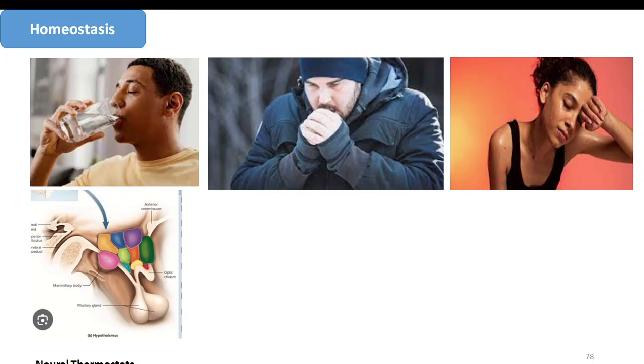To keep our internal world, that is the body, within the narrow limits of these physiological requirements like blood pressure, the pH levels, the water levels, the salt concentrations, the pressure, temperature, all these physiological components. We have this active control process to maintain the balance among the various vital requirements of the body. And the act of maintaining the balance in these vital parameters is called homeostasis.